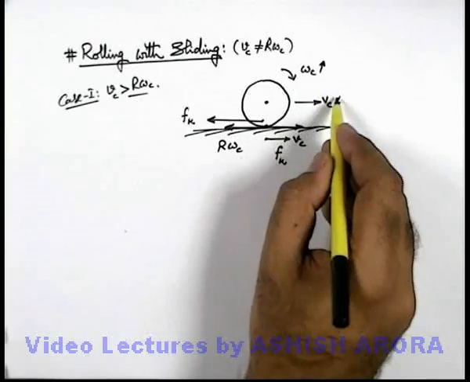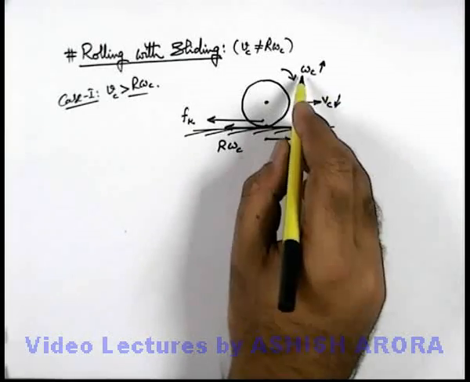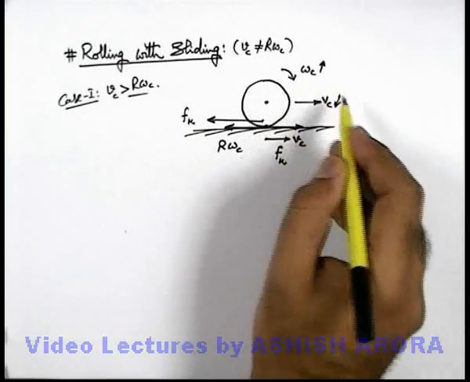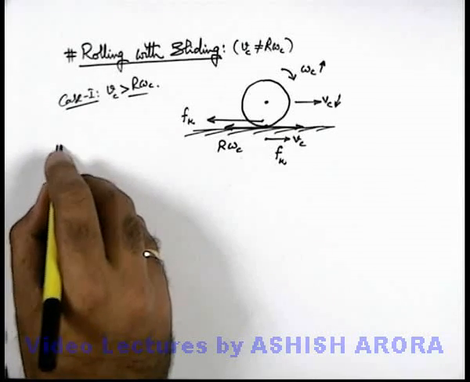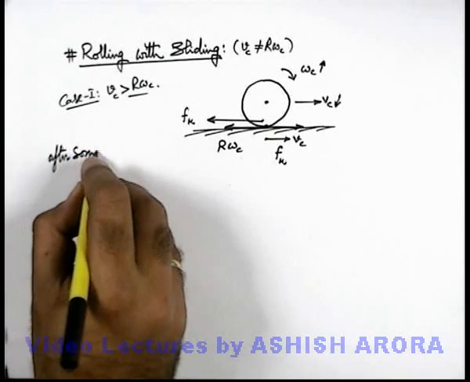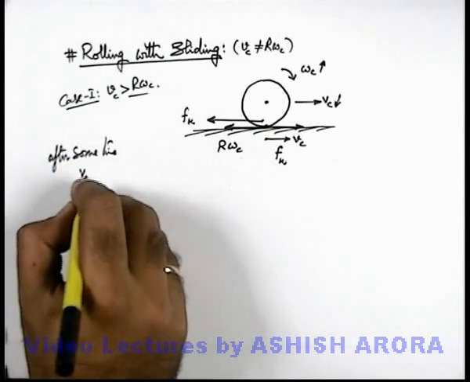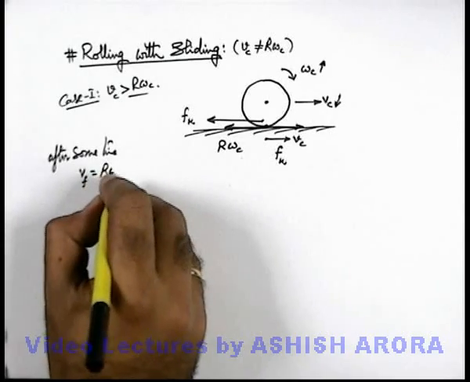And certainly if translational speed is decreasing and angular speed is increasing, after some time we can state V final will be equal to R omega final.